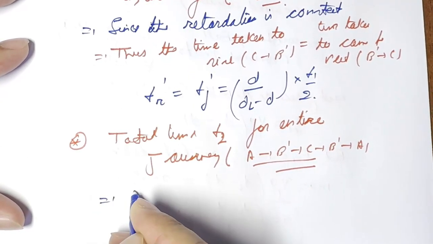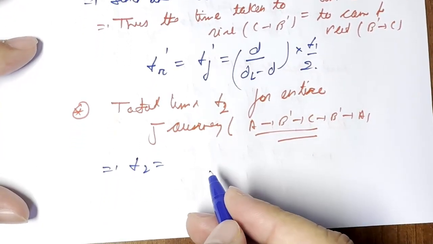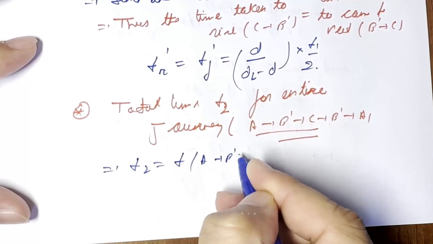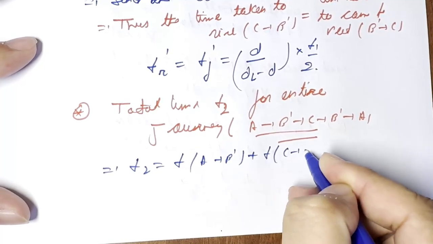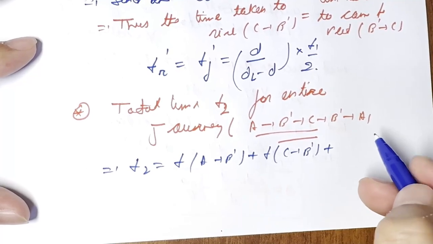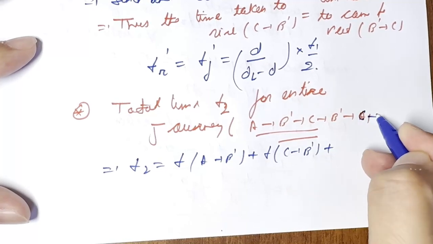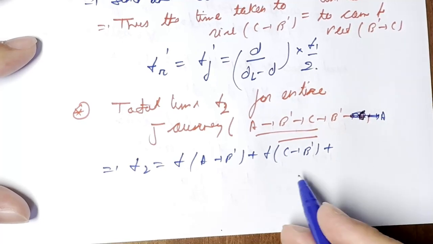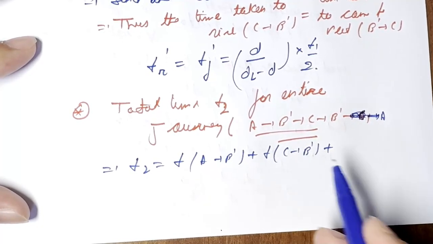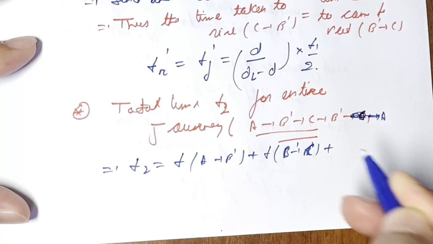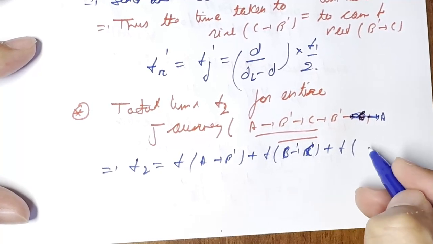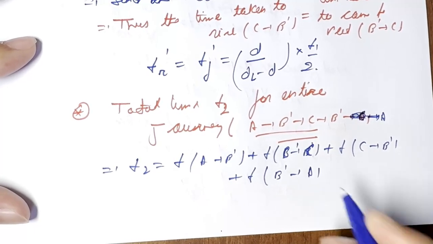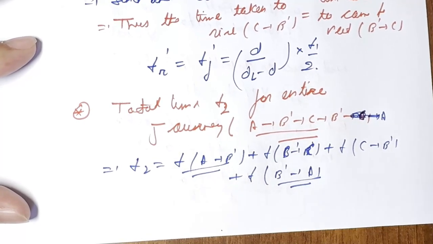Therefore, T2 will be equal to the time taken from A to B prime, plus the time taken from B prime to C, plus the time taken from C to B prime, plus the time taken from B prime to A. This time and this time are our air time.